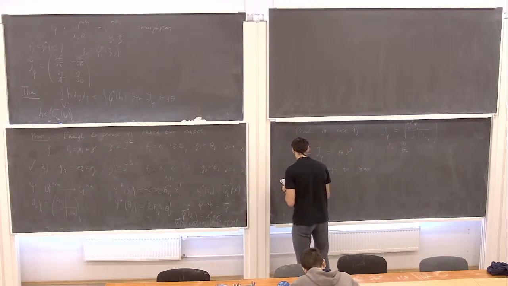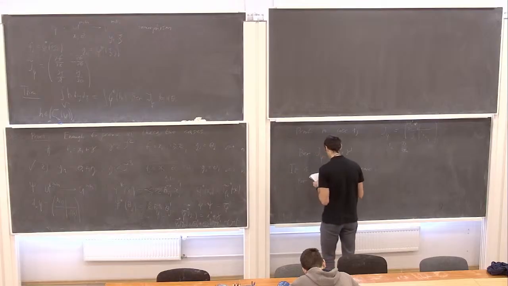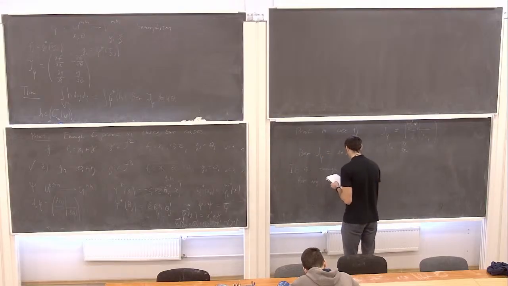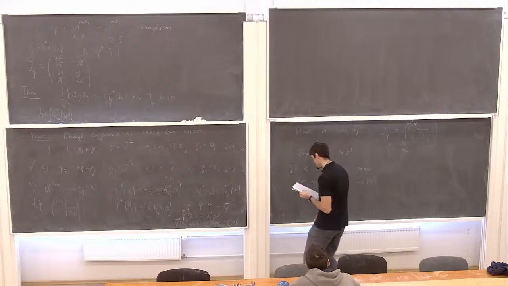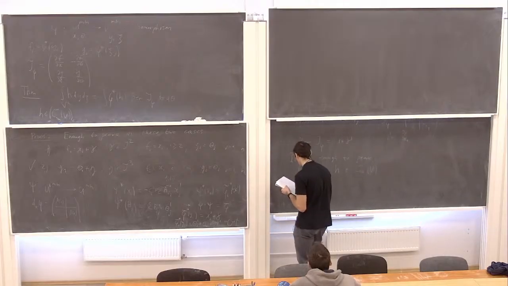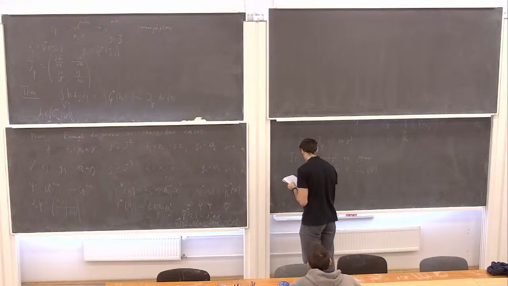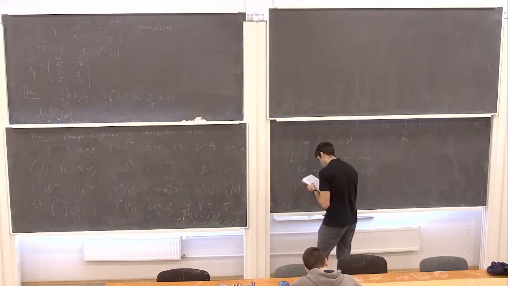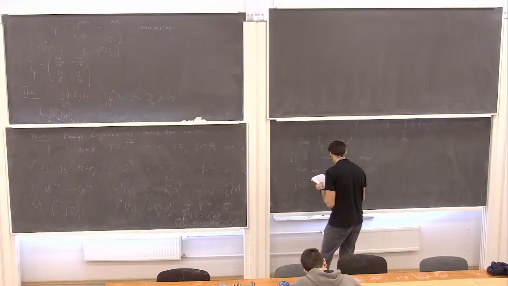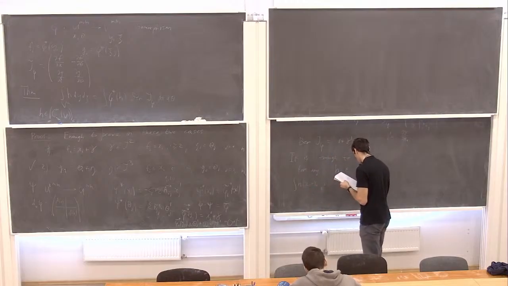For any h from C infinity, the integral of h(x_1 plus gamma, x_2, ..., x_n) times (1 plus gamma prime) dx.